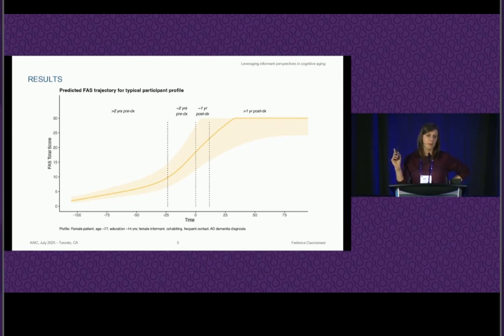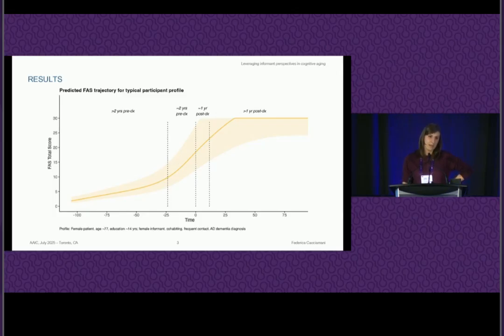So we had a period just before the diagnosis of 2 years, and a period more than 2 years before the diagnosis, and then a period of 1 year after the diagnosis and more than 1 year after. So what we can see is that the FAS, as expected, increased over time and reached the peak a few years after the diagnosis of dementia.